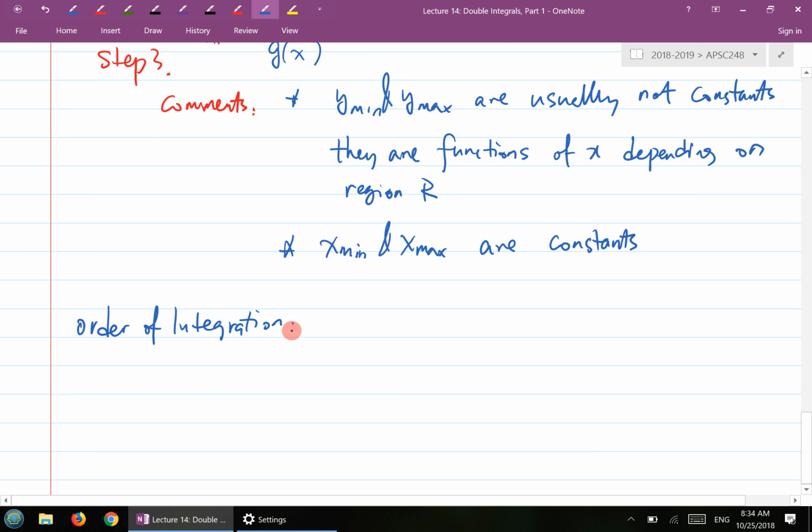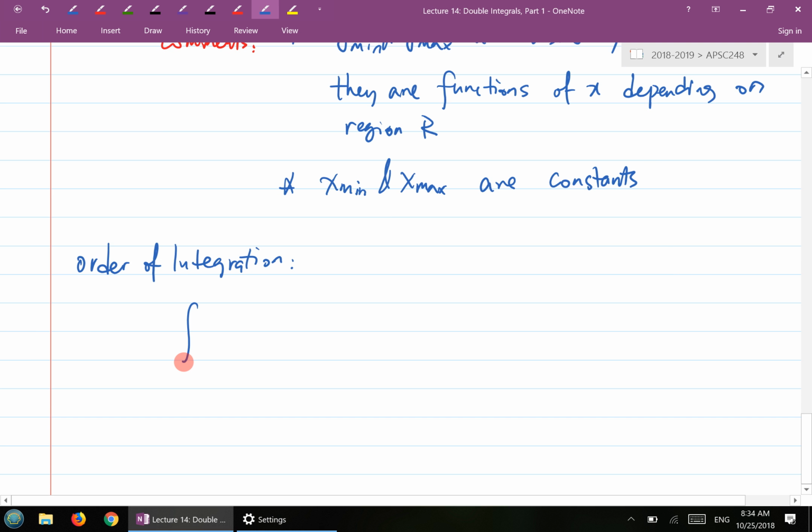That basically means instead of integrating y at the beginning and then x, you integrate x first. Then of course you need the x min, x max here, and the y min and y max here. So that's called a change of order.